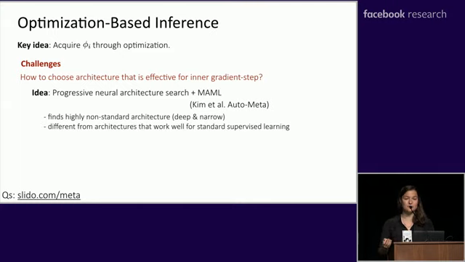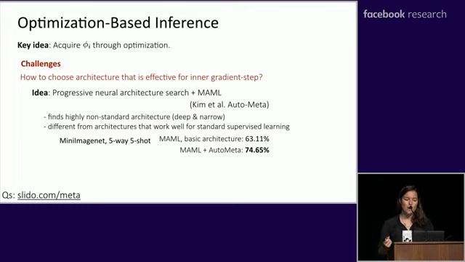And this is a bit different from standard architectures that work well for standard supervised learning problems. In particular, on the mini ImageNet 5-way 5-shot classification benchmark, MAML with the basic architecture achieves around 63% accuracy, while MAML with architecture search is able to achieve 74% accuracy, a pretty substantial boost by actually tuning the architecture that works well for it.